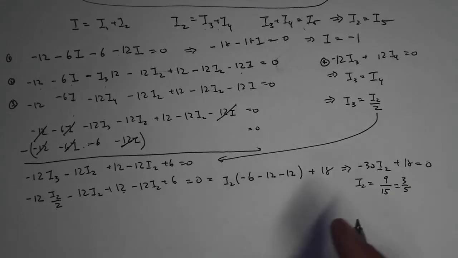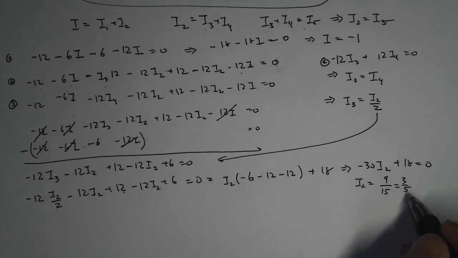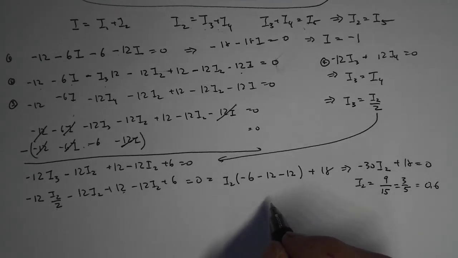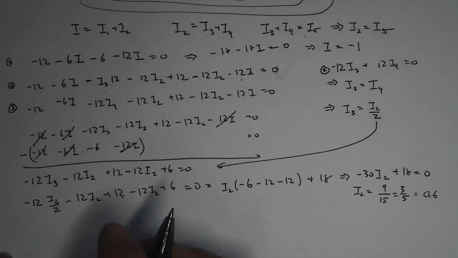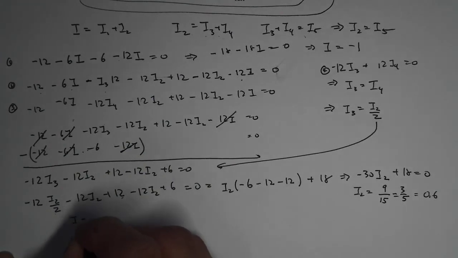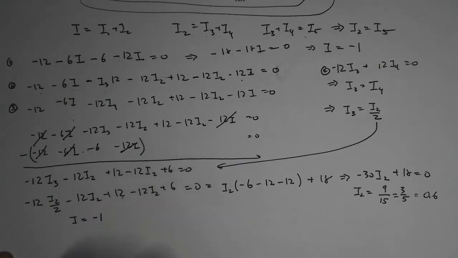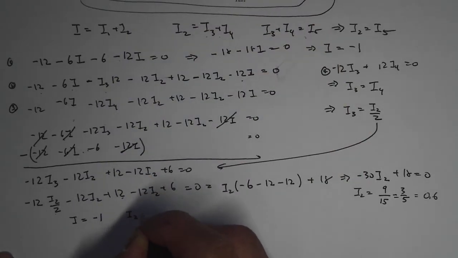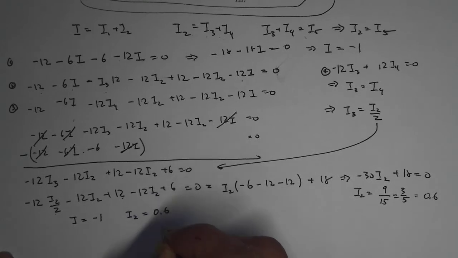So now let's look at this thing, which is 0.6. We're basically done, believe it or not. Let's plot the circuit here. I on this branch of the circuit is equal to minus 1, and I2 is equal to 0.6.